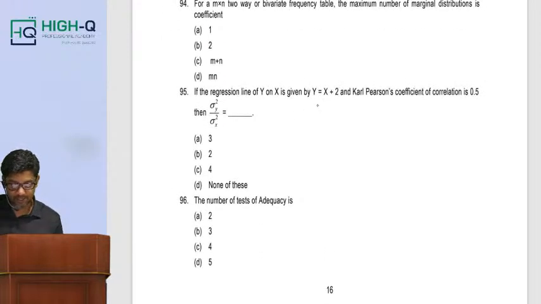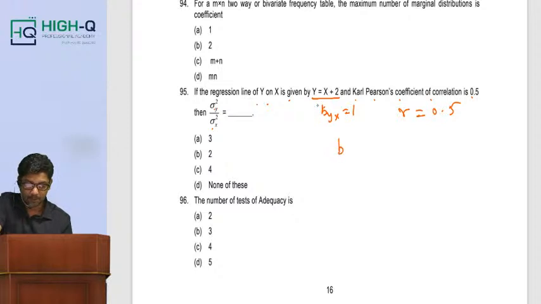Okay. Next one. If the regression line of y on x is given as y equal to x plus 2, that means byx is equal to 1. Karl Pearson's coefficient of correlation r is equal to 0.5. Then they ask you to find out sigma y square by sigma x square. It's very simple. Byx is equal to r into sigma y by sigma x.